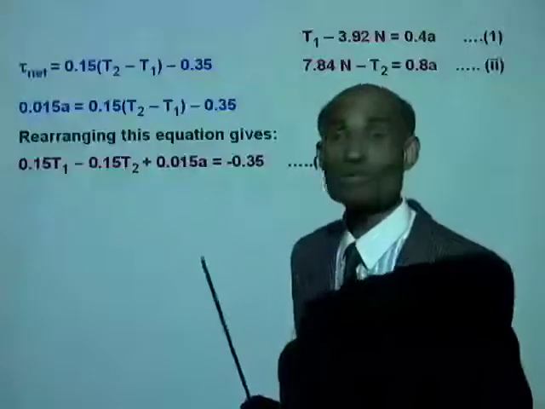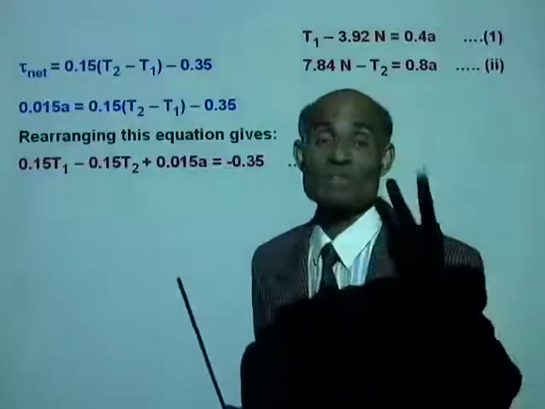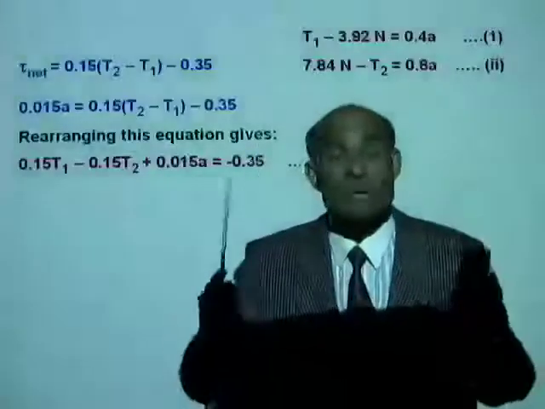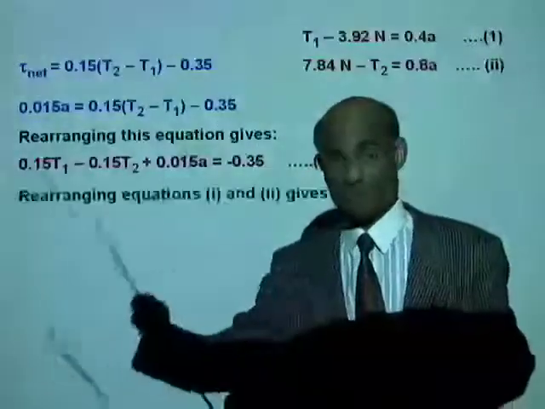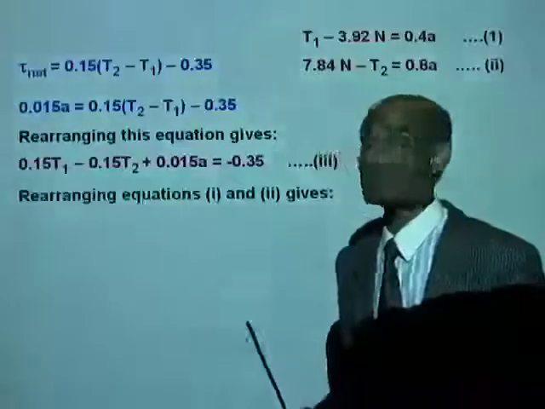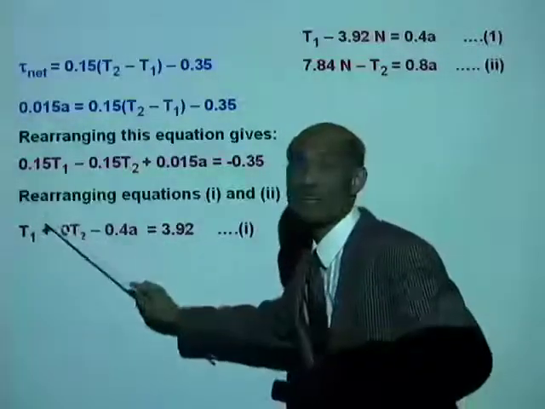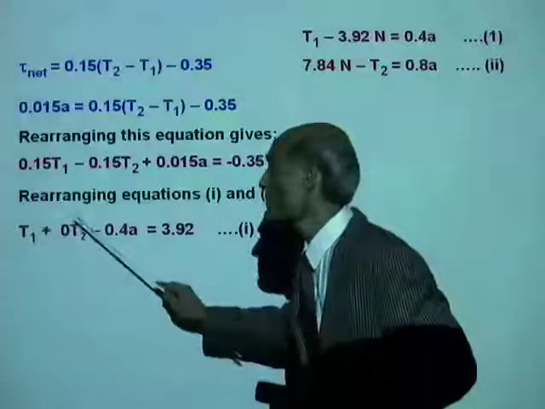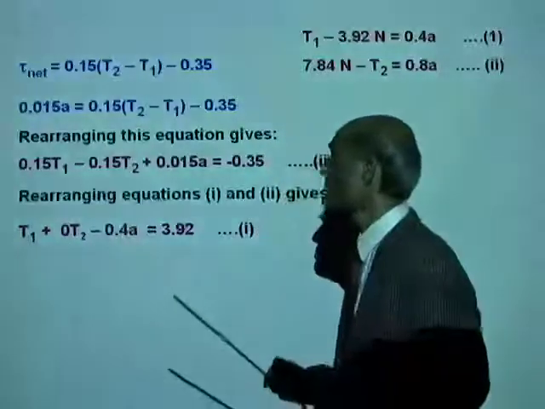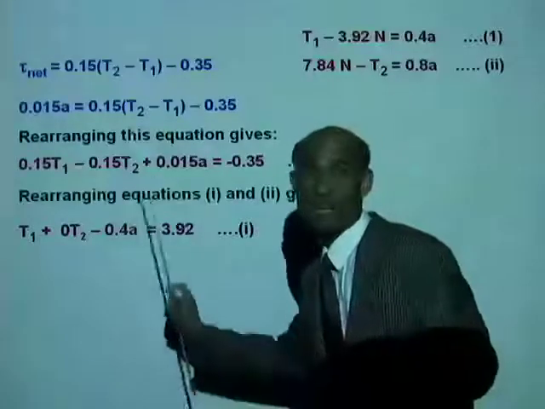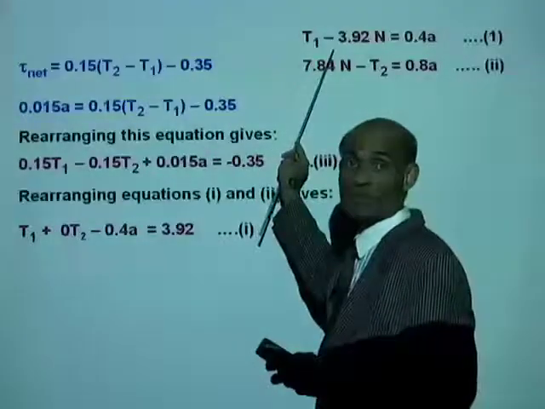You have now three equations and three variables, and you know how to make matrices and solve them. Rearrange those three equations. Look at the way I'm writing them. T1 plus 0 T2 minus 0.4 a equals 3.92. That is our first equation.